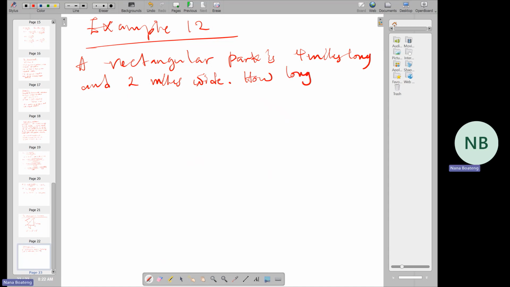How long is a pedestrian route that runs diagonally across the park?